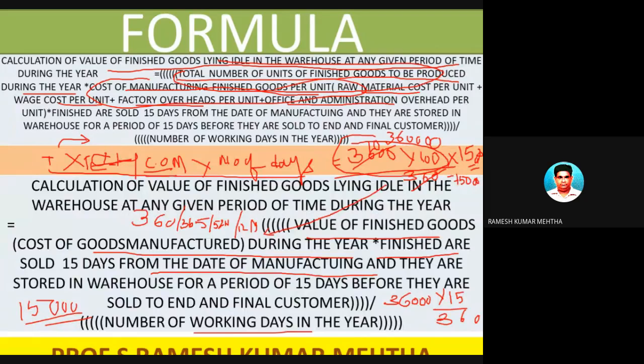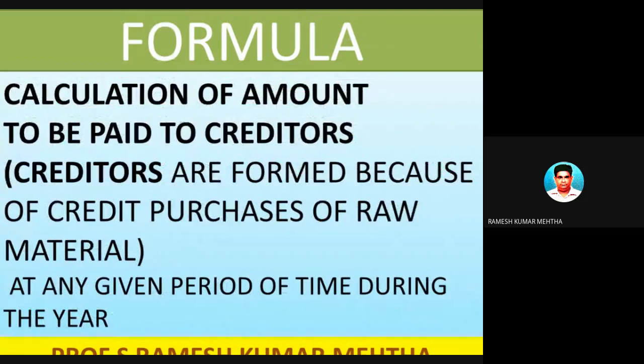Next, now we have seen some current assets, with formulas for raw material, finished goods, and debtors. Now let's look at some items of current liabilities and how the formula can be derived.